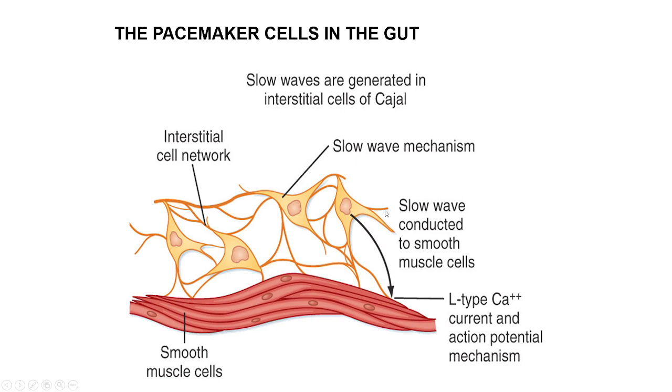Pacemaker activity to the muscles is provided in the gastrointestinal tract by special cells known as cells of Cajal. These cells are a combination between fibroblasts and myocytes, and they are present as a thin layer in the Auerbach's plexus, forming connections with both longitudinal and circular muscle layers.